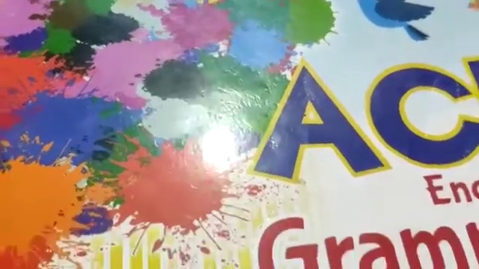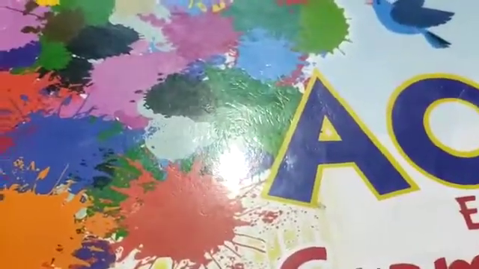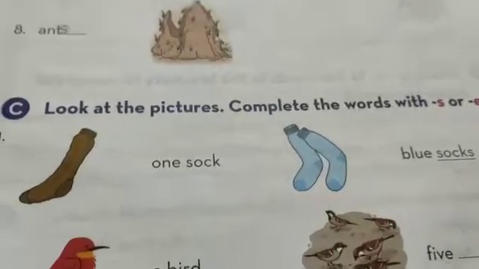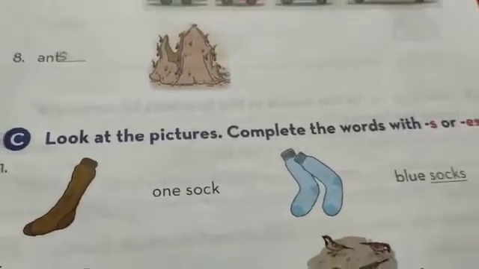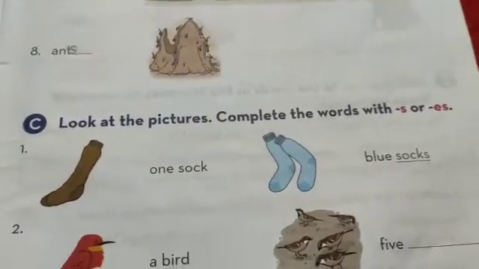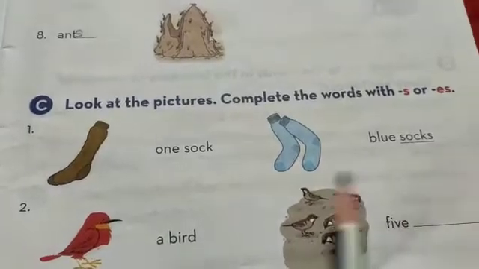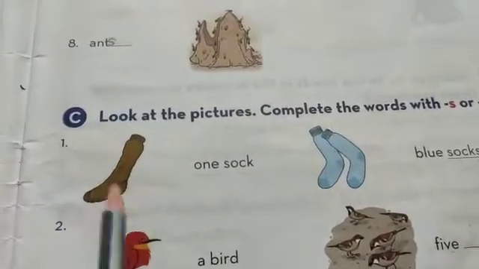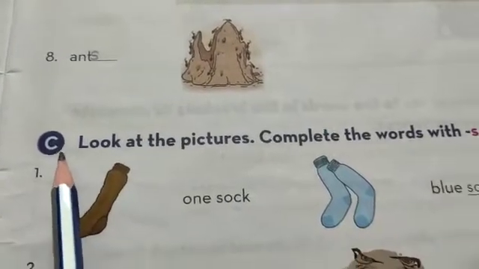So children, I want all of you to open your textbook to page number 13. I hope all are ready. Okay, all will keep your finger on the book and repeat the question after me.